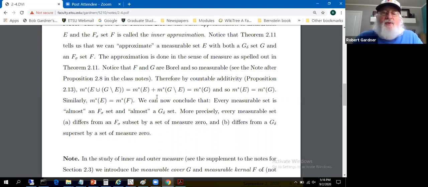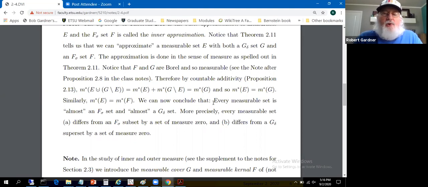This is the outer measure of E plus the outer measure of G set minus E. Well, that's the same as the outer measure of G because this is set G over here. So the conclusion we can draw, since this has measure 0, is that the outer measure of E equals the outer measure of G. We can similarly show the outer measure of E equals the outer measure of that F sigma subset F. Same argument.